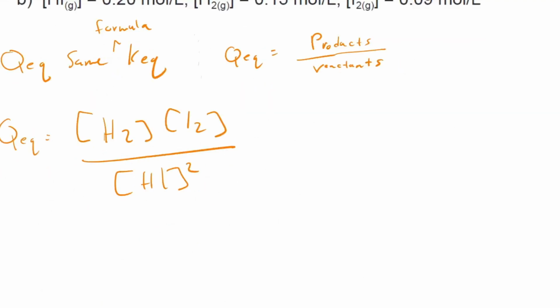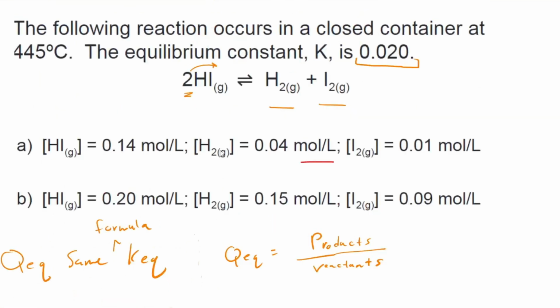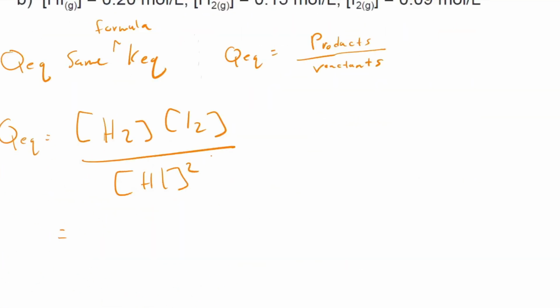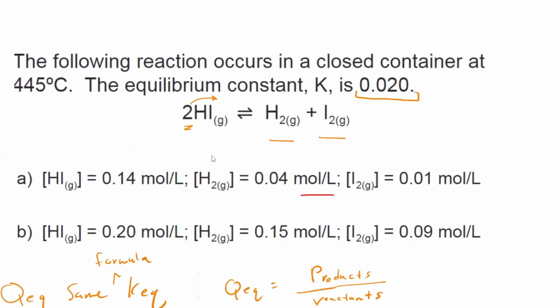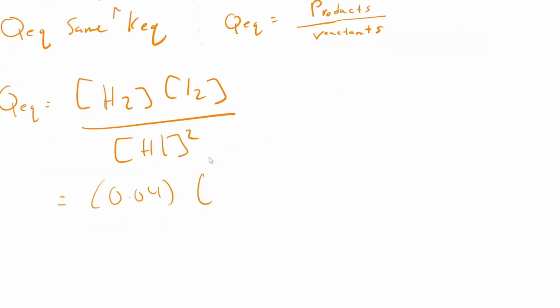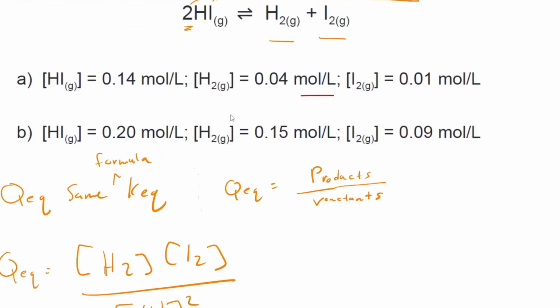Now we just plug and chug our values. My H2 in this case is 0.04. I don't like to get messy with units. I like to do my calculations first and then plug in any required units. So it would be 0.04 times I2, which is 0.01, over this, which they give us as 0.14, squared.